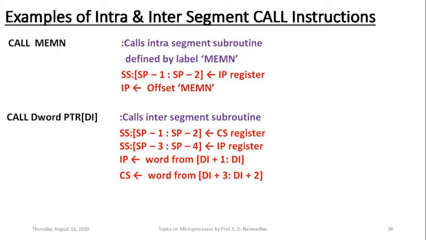It calls an inter-segment subroutine. And whenever an inter-segment subroutine is to be called, the return address will be both the contents of the earlier code segment register, defining the earlier code segment where my main program is present, and the earlier instruction pointer register, the IP register.